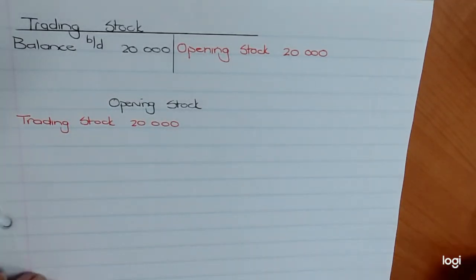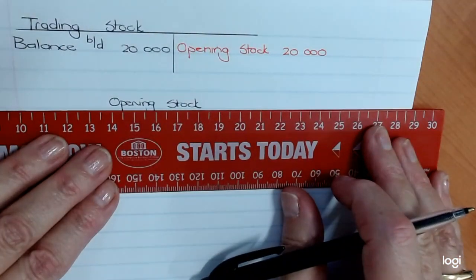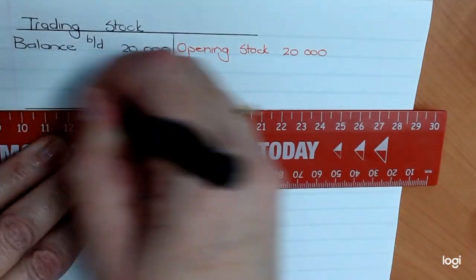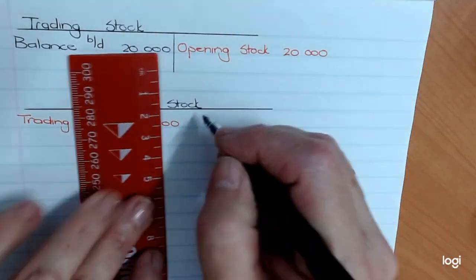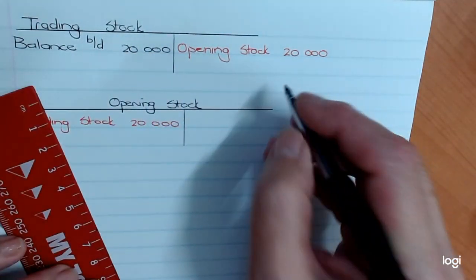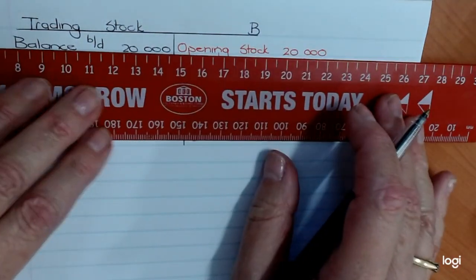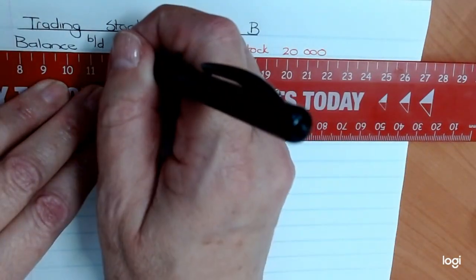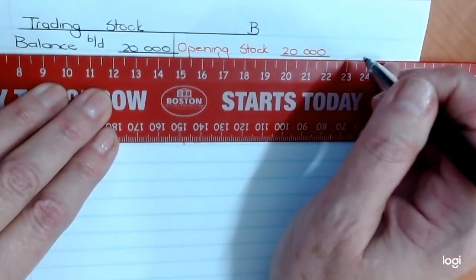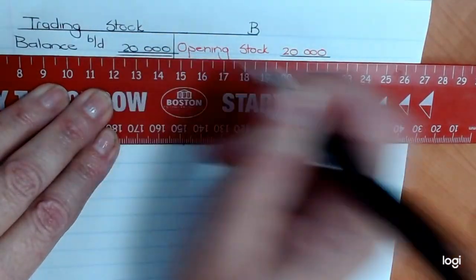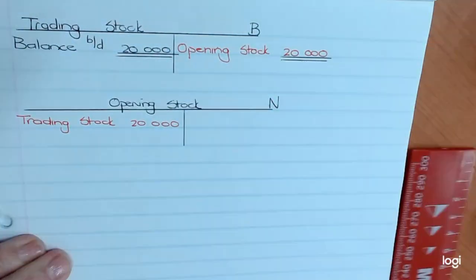And now we also don't work in the opening stock account for the rest of the year. This is a nominal account. Trading stock was a balance sheet account. And when we reversed this, the account is now blank and with no amount in trading stock left.